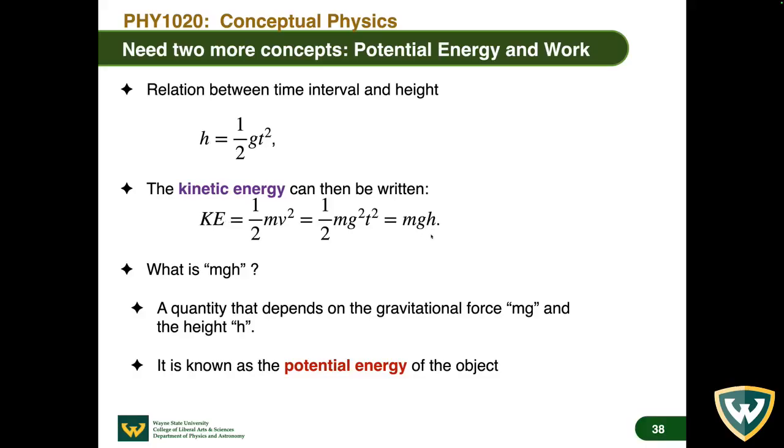What is this mgh? It's obviously a quantity that depends on the height of the fall, on the mass of the object falling, as well as g, the gravitational acceleration. The gravitational acceleration depends on the force pulling on the object, pulling it down.